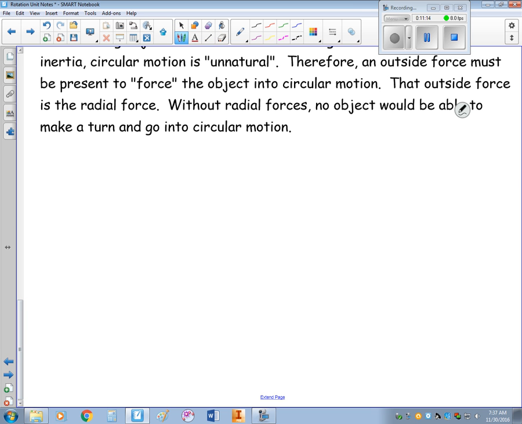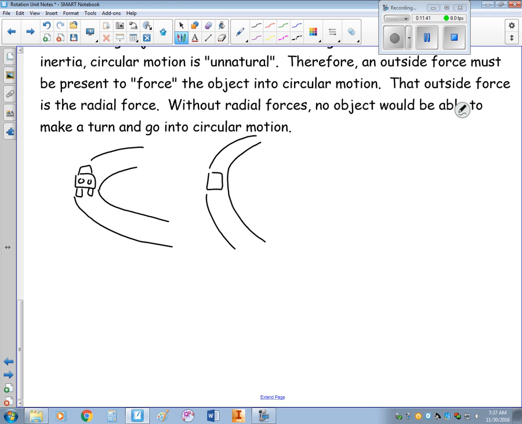So we'll finish up this video with a quick little example here. Let's say I have a car that wishes to go in a circular path. Looking at this car, this is like a head-on view. If I were to do like a bird's eye view, this would be like the top of the car.